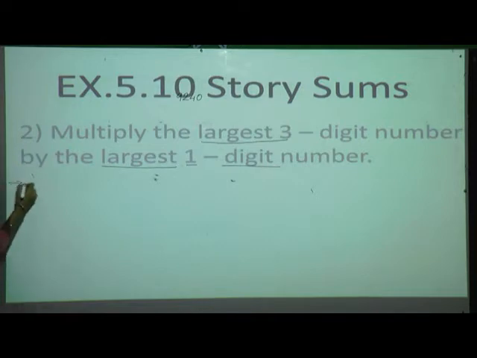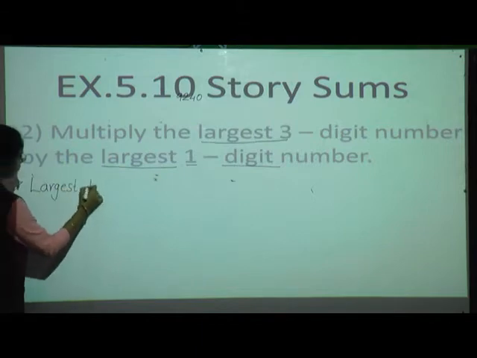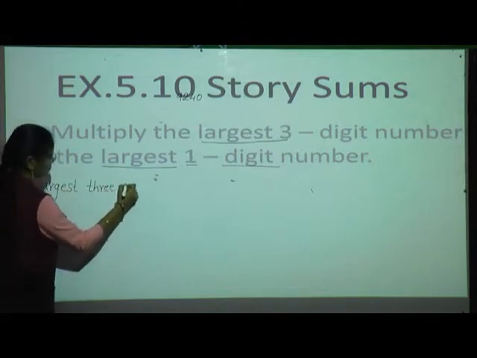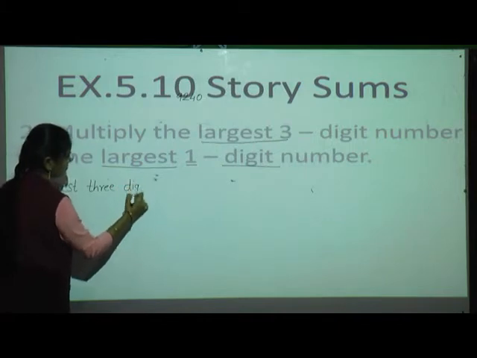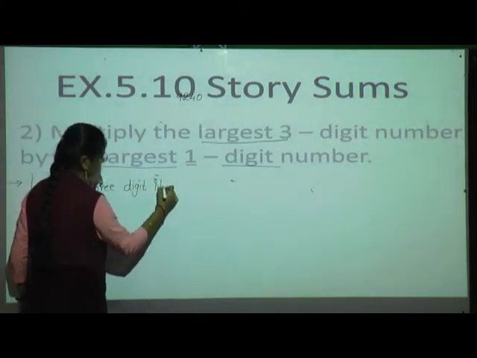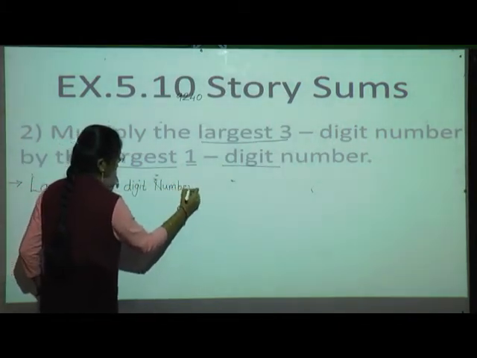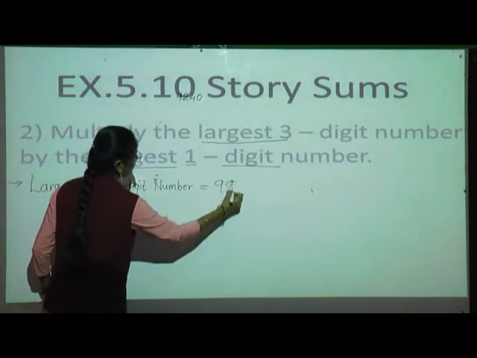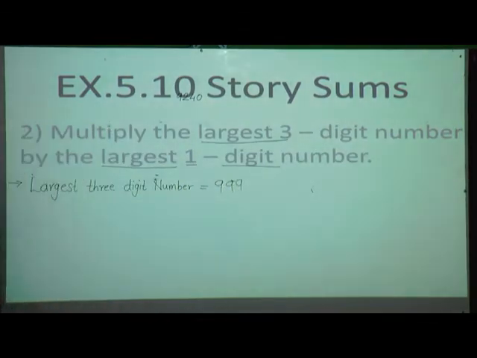Here I will write: largest 3-digit number is equal to 999. This is the largest 3-digit number.